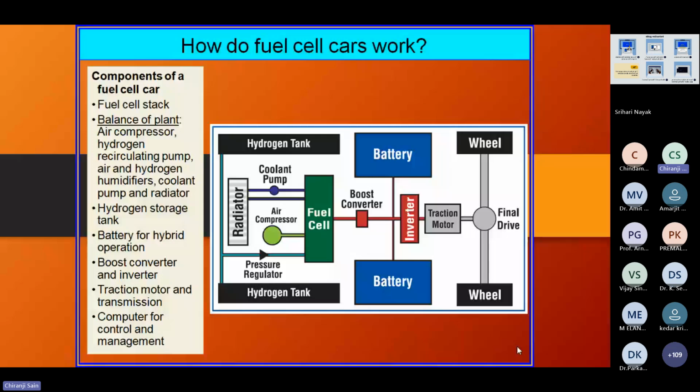Nowadays, in this particular fuel cell hybrid electric vehicle, battery and fuel cell must be integrated together. And in comparison with the battery and fuel cell, one ultra capacitor or super capacitor, or rather the flywheel technology, may also be incorporated as a hybrid energy storage system.